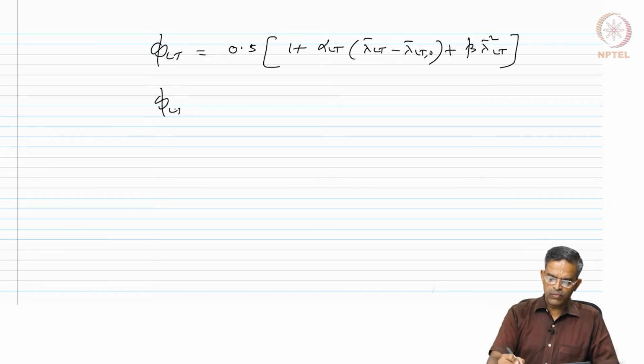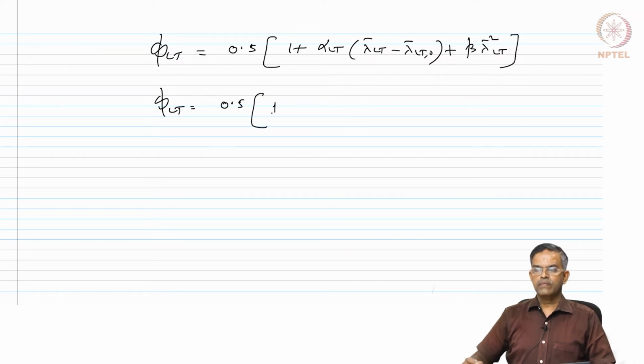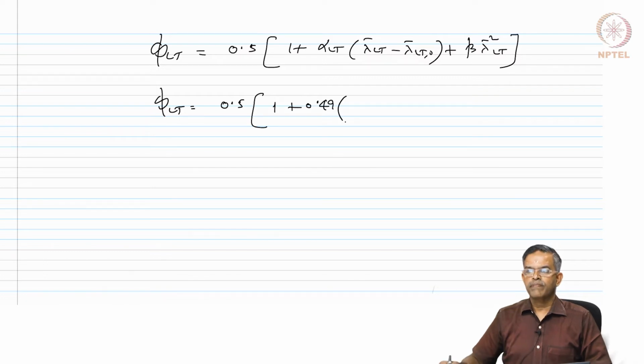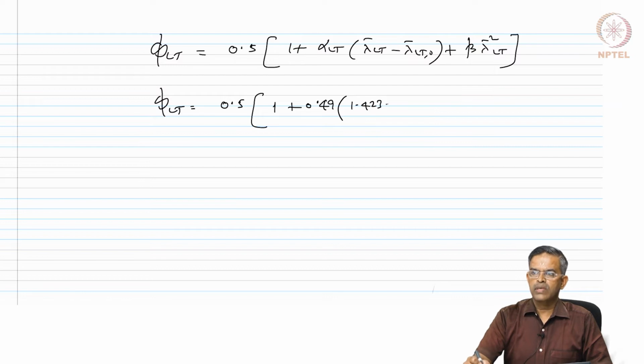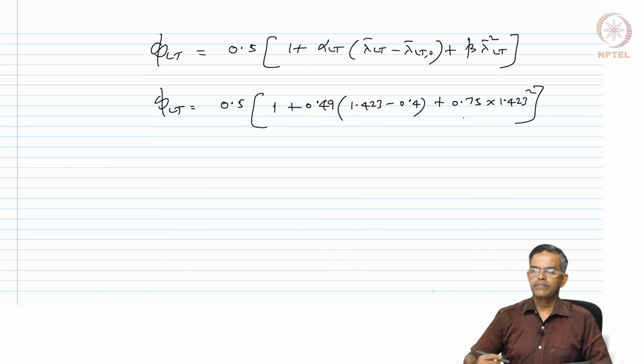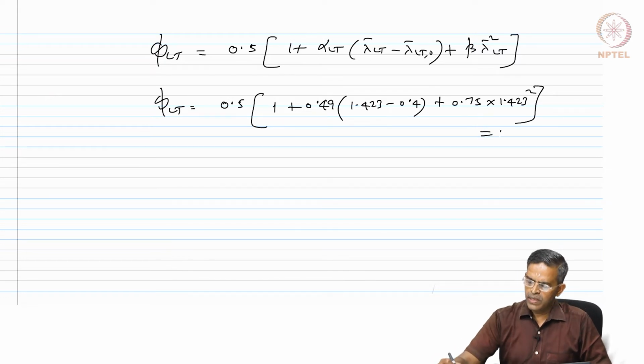So, let us work out phi LT in this case: 0.5 times of 1 plus 0.49 times 1.423 minus 0.4 plus 0.75 times 1.423 square, which gives me 1.510.